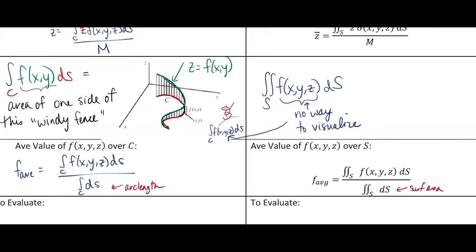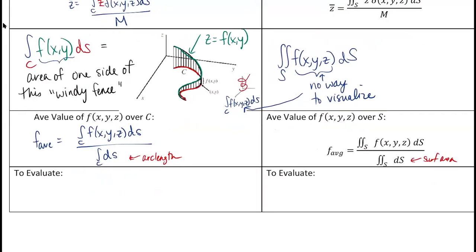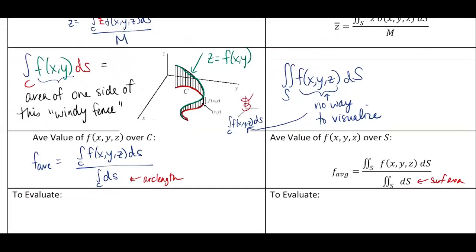All right, and then let's talk about how these are similar and somewhat different also in how you evaluate them. So we see in both cases to evaluate, we're doing some type of change of variables. So with this scalar line integral, I'm parameterizing and then I'm changing ds.